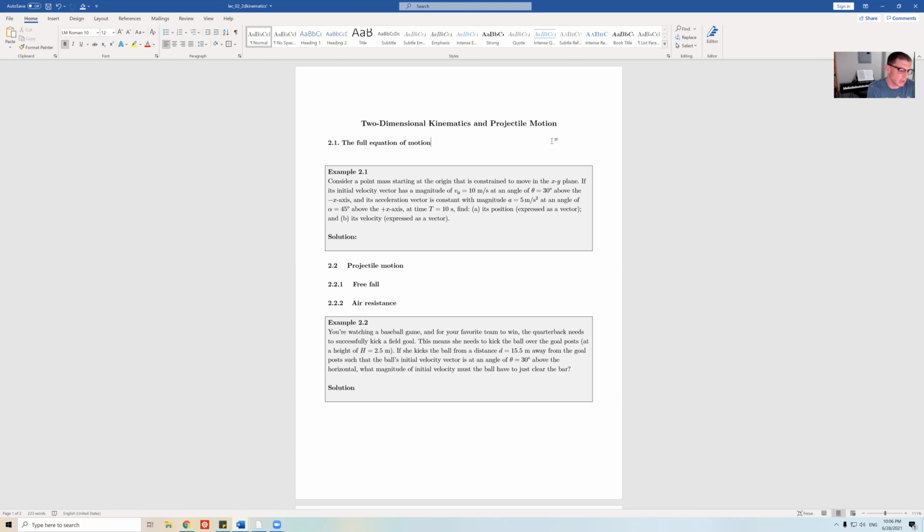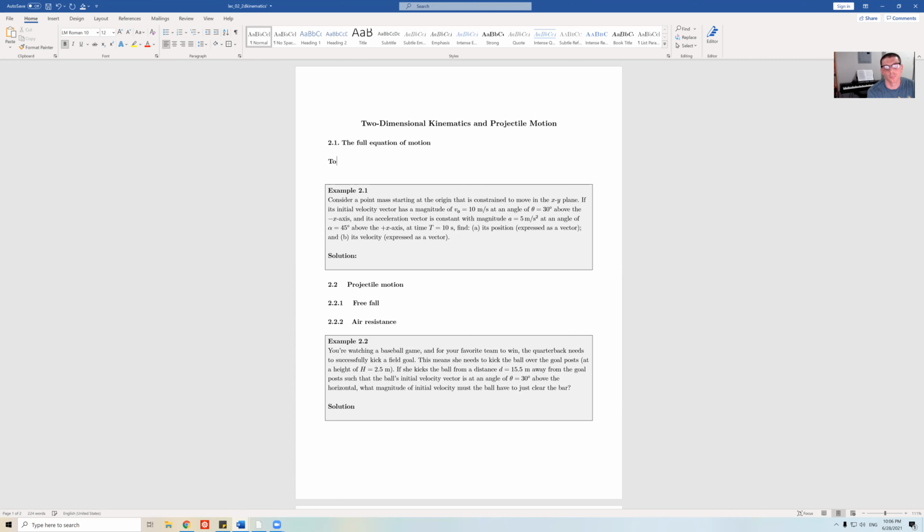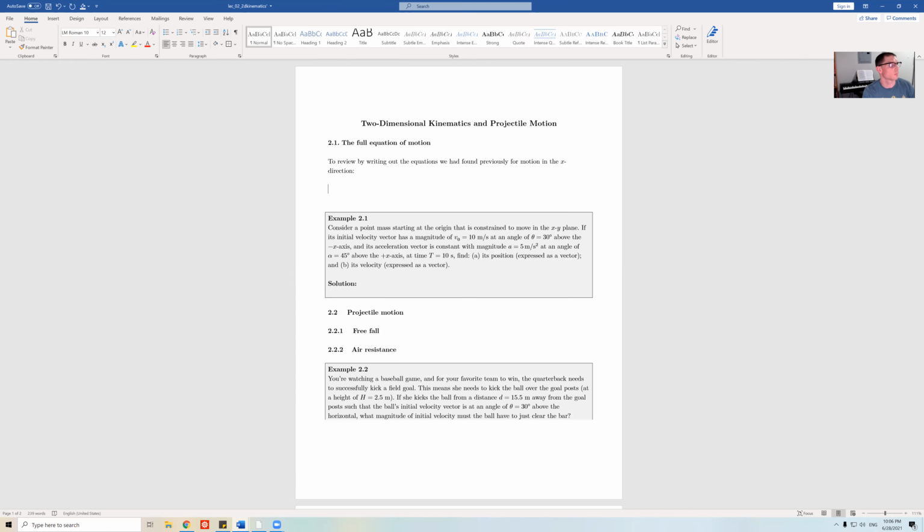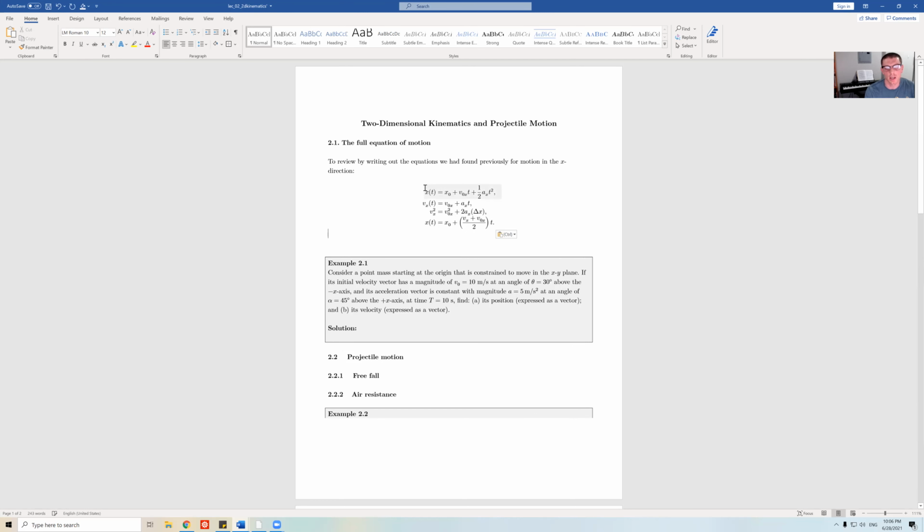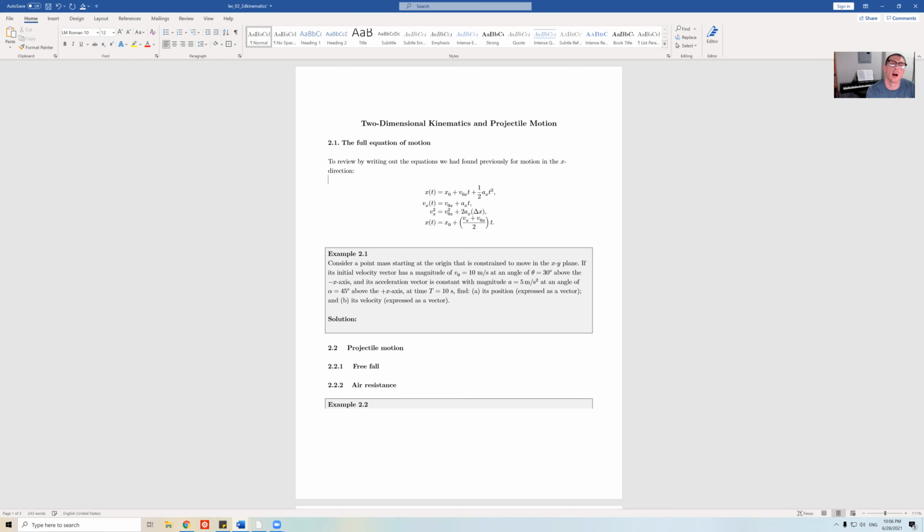So to begin, let's review by writing out the equations we had found previously for motion in the X direction. I'm just going to copy and paste these, and there they are, in all their glory.